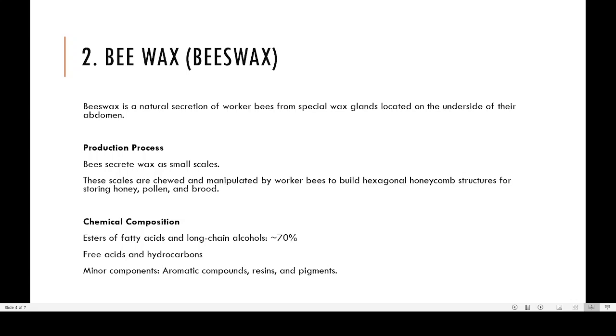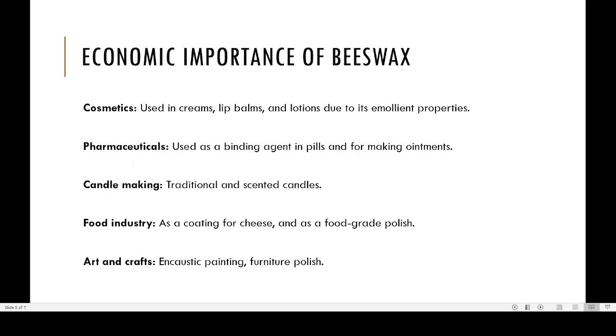Free acids are also there, and a lot of hydrocarbons are also there. Then some minor compounds like aromatic compounds, resins, which are plant products, and pigments, which are also plant products, will all be mixed in the beeswax. But mainly 70% of the beeswax is fatty acid and long chain alcohol.